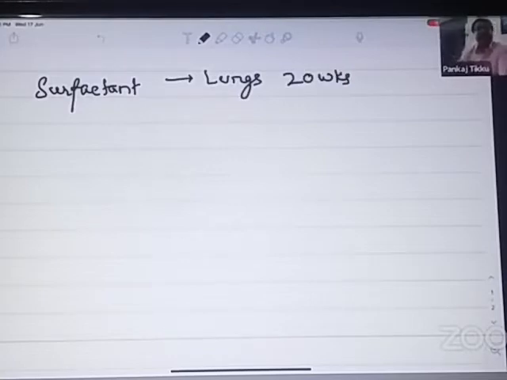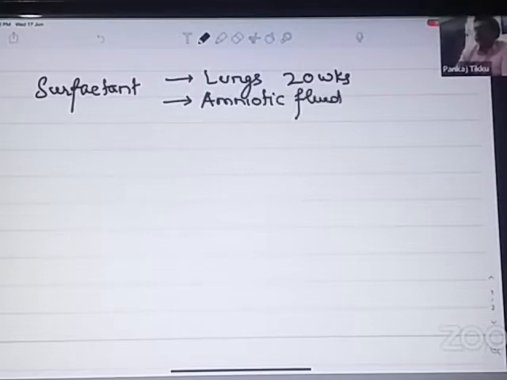So the first time the surfactant can be seen in the lungs of a fetus is at 20 weeks, and subsequently the surfactant can be seen in the amniotic fluid at 28 weeks of intrauterine life.